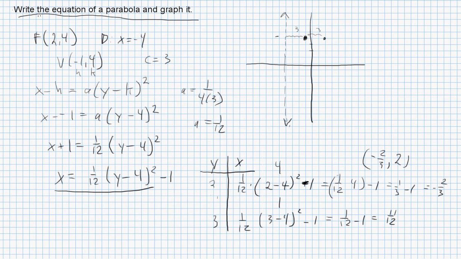So our ordered pair is -11/12, 3. So we go ahead and graph that over here.